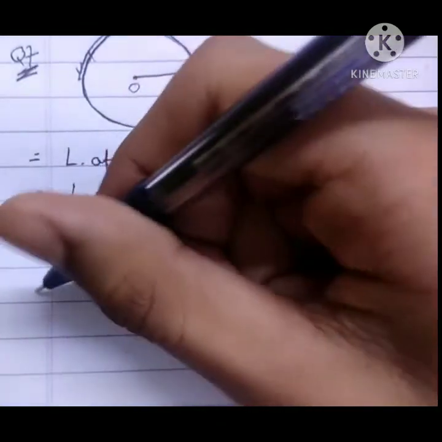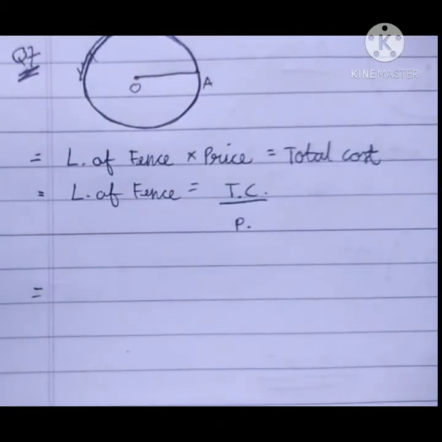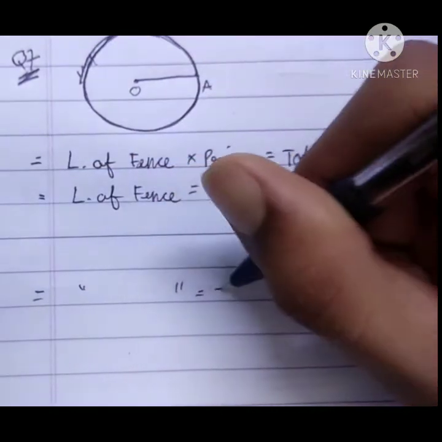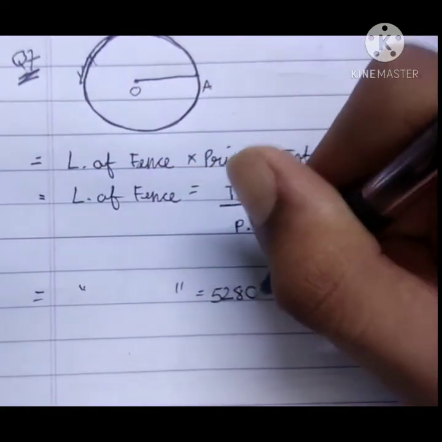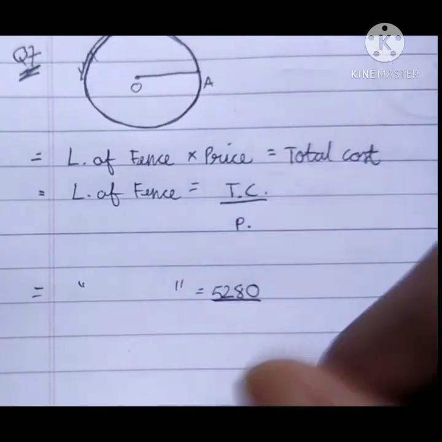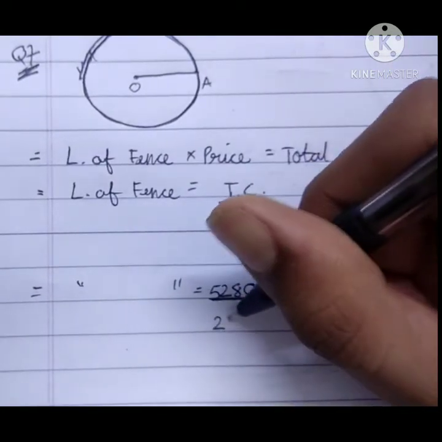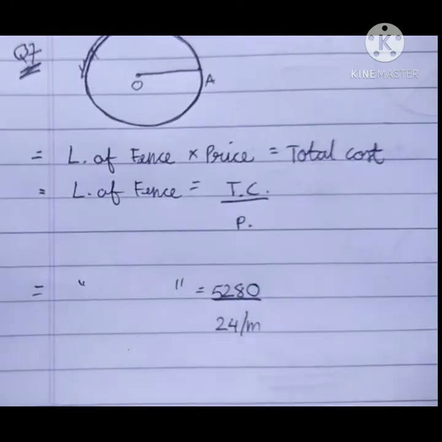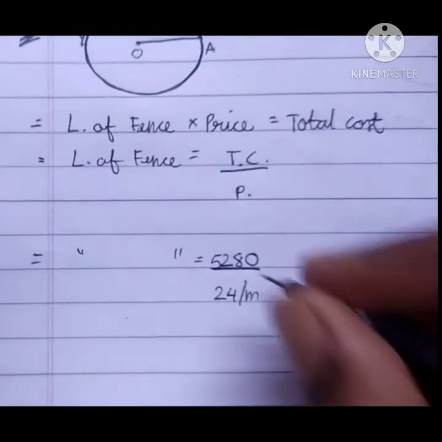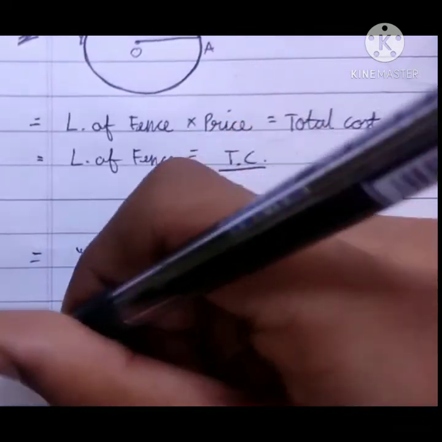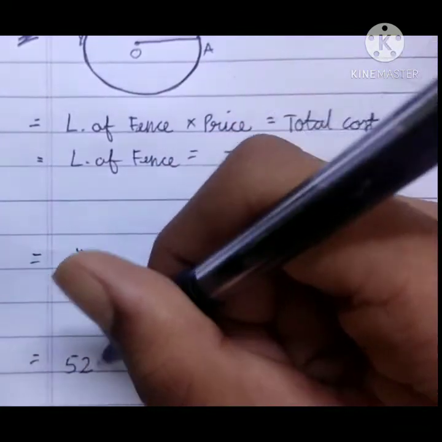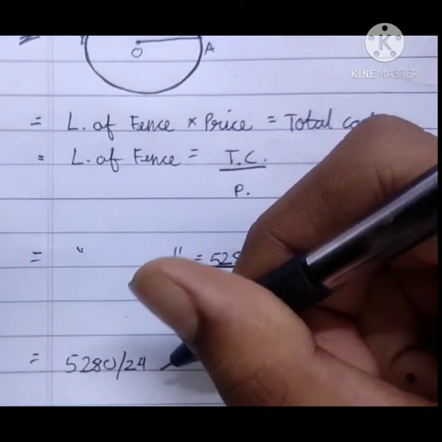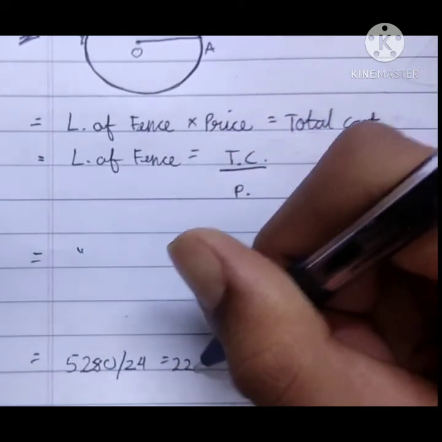The total cost was rupees 5280, by our price, which was rupees 24 per meter. You just have to calculate 5280 by 24, which results in 220 meters.